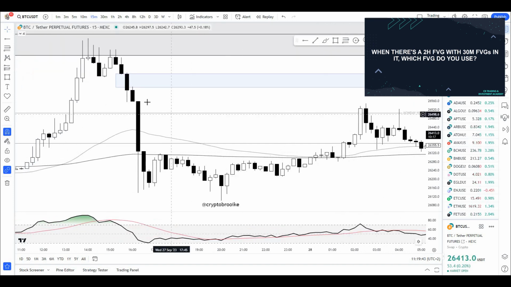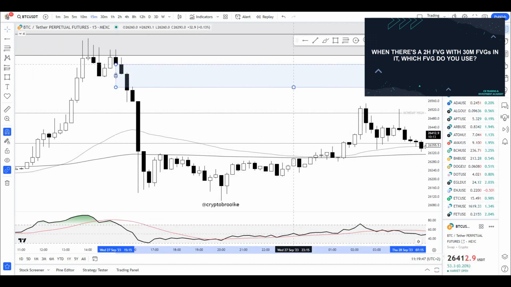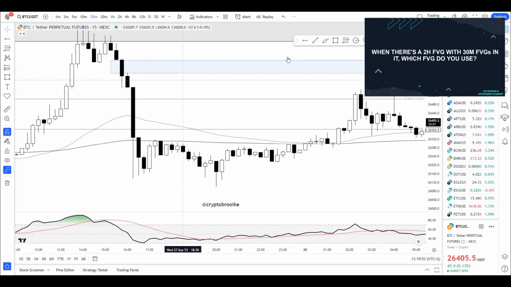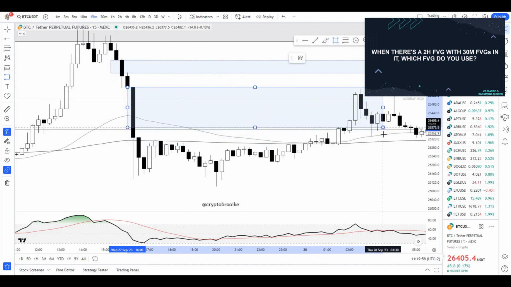Because every higher time frame fair value gap should always have smaller time frame fair value gaps. But I think, in my opinion, it's best to just stick to the time frame you are charting.